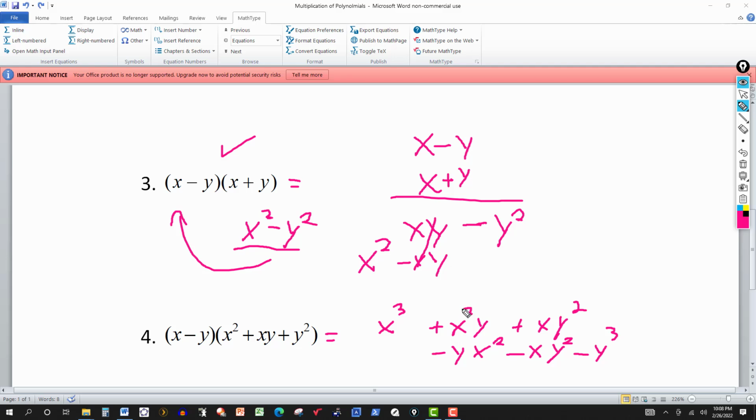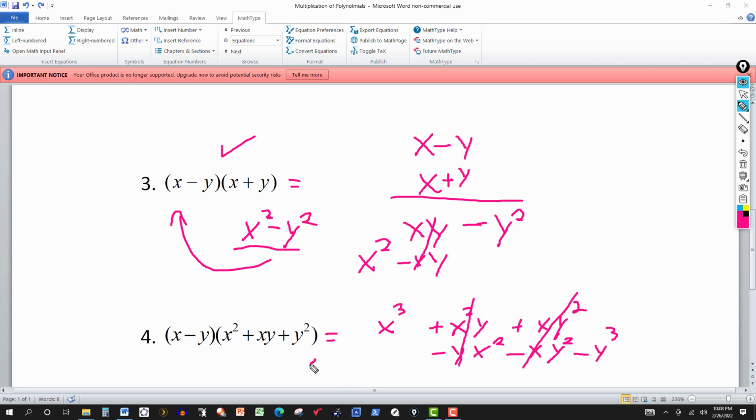So I have x squared y, positive, minus y x squared. These are the same. Okay, different order, but it's the same thing. Y and x squared. You have a y and an x squared. One's positive and one's negative, so these cancel out. And then here, x y squared, positive, and then a minus x y squared. These cancel out. So I'm left with x cubed minus y cubed.